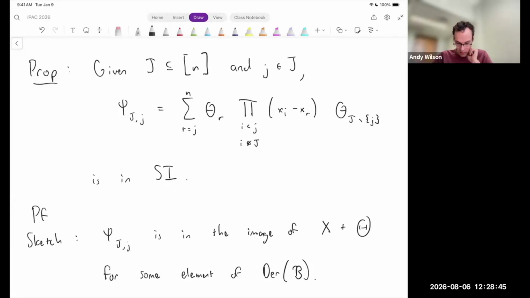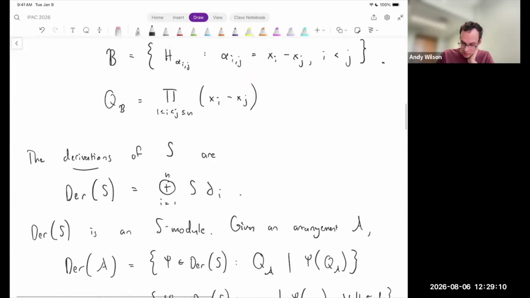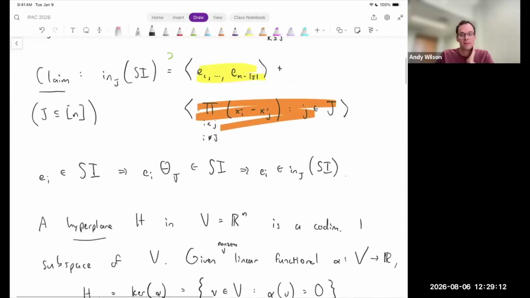And why is this what we want? Well, if we look at the leading term of these, that happens when r is equal to little j. So we get a little j here, which fills in this gap here. And the j initial term of this then is starting to look a lot like these generators up here. And in fact, it is that. Okay.